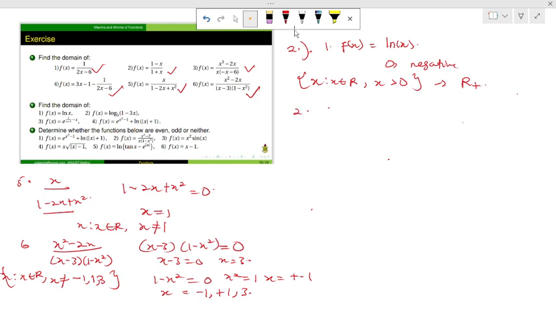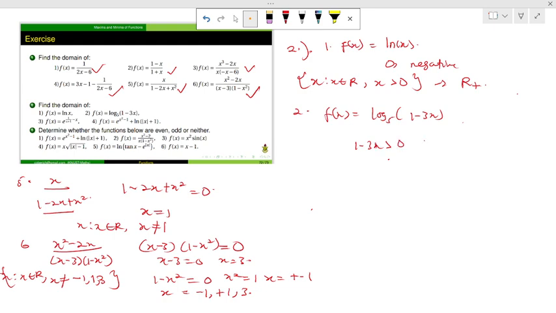Let's see the second one. f of x is equal to log to the base 5 of 1 minus 3x. So to do this, the same rule applies. Input here cannot be 0, and cannot be less than 0. So I'll have 1 minus 3x to be greater than 0.